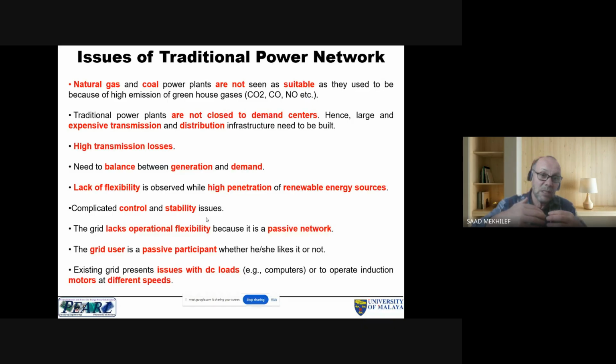It's interconnected. Different countries also have interconnected grids. For example, in Southeast Asia, from Laos to Thailand to Malaysia to Singapore to Indonesia, all these are grid connected. It's one grid. It's becoming very large and very huge.